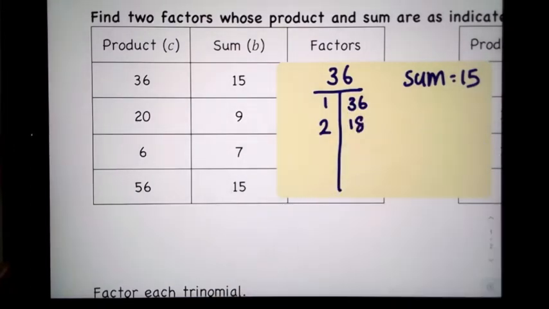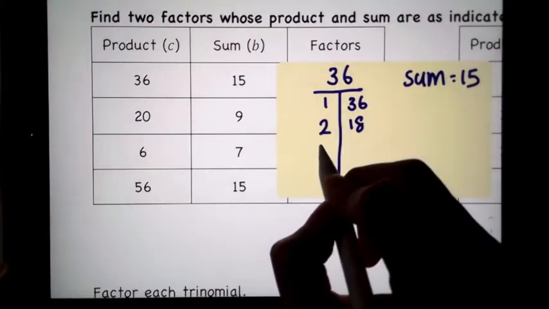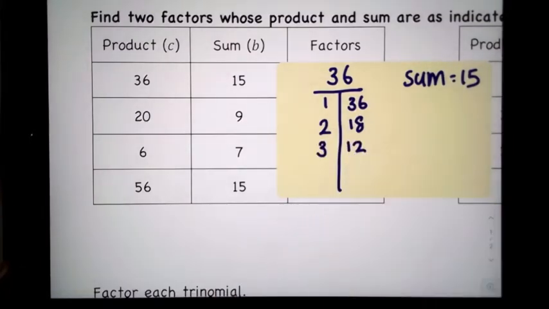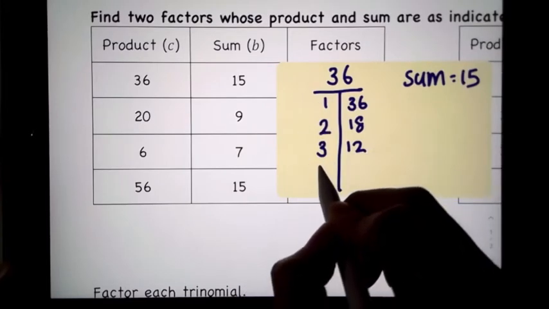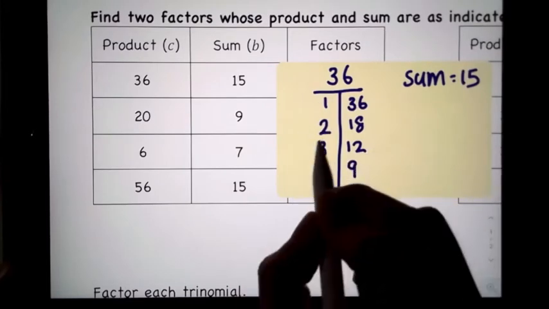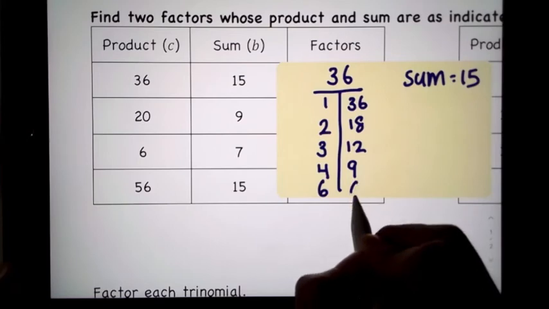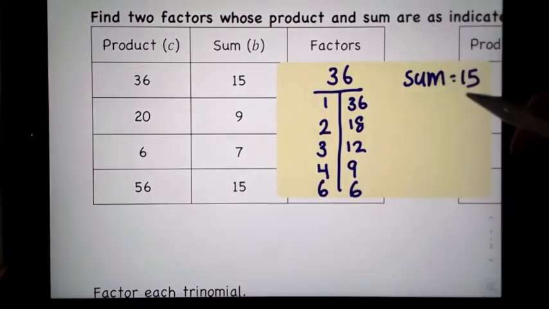Those are your two factors. When you divide it by 3, you get 12, right? When you divide it by 4, you get 9. When you divide it by 6, you get 6. So this is my factor table. You can use the factor table that I gave you before, that big one, 1 through 100, right?